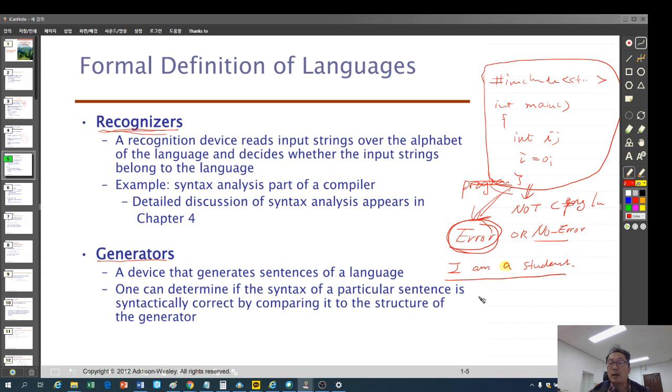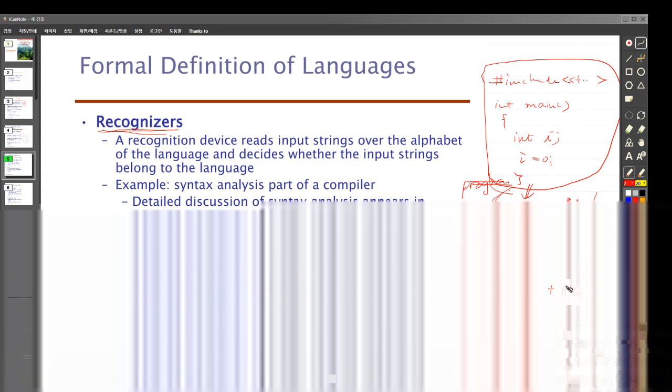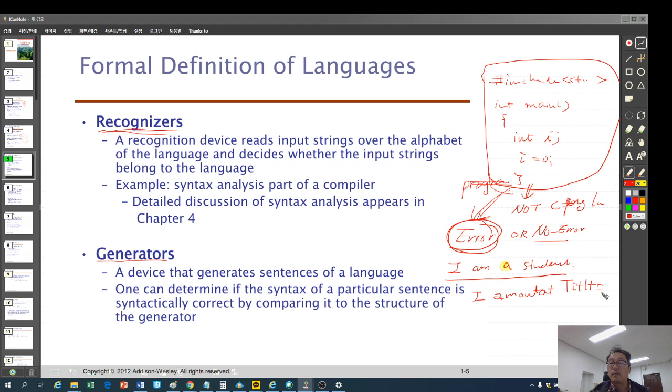But if I write, for example, "AMOUT," I don't know if there is such a word or not, maybe "TTE." If someone writes this, we say this is not English, right? So how do we know? Yes, that is the language recognizer.